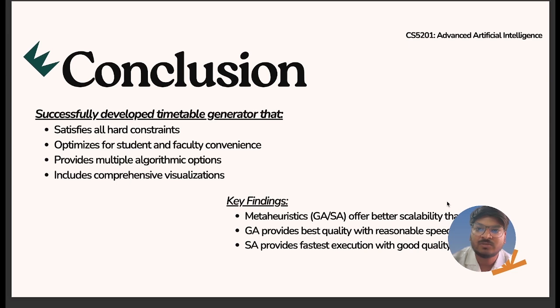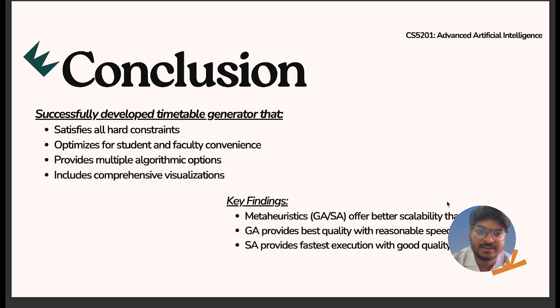And this is the conclusion. We successfully developed a timetable generator that satisfies all hard constraints, is optimized for student and faculty convenience, provides multiple algorithm options, and includes comprehensive visualization.